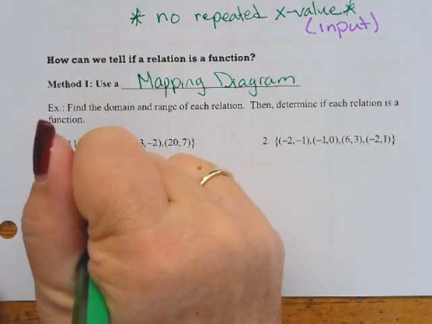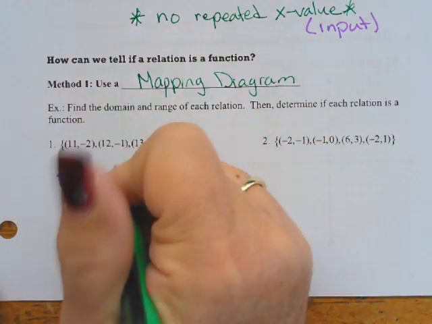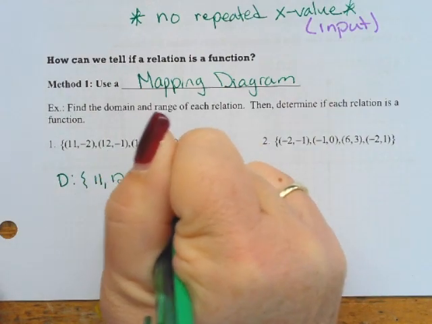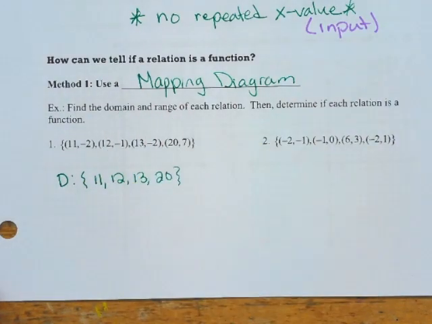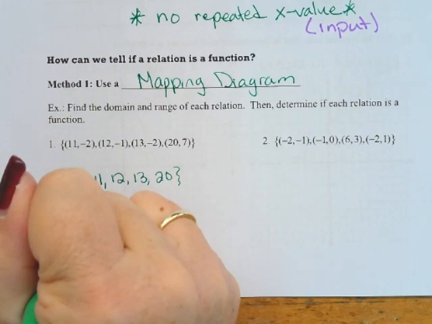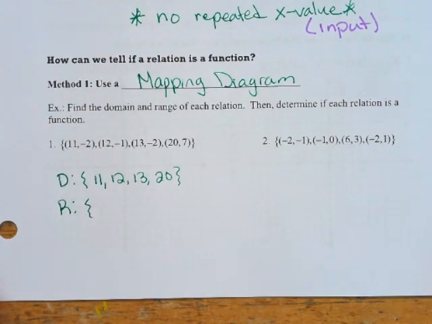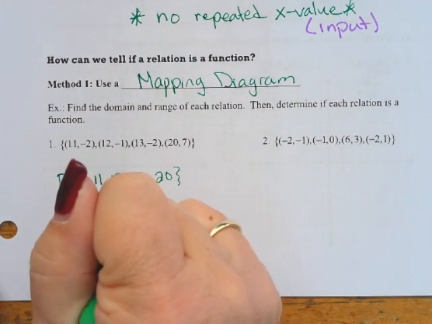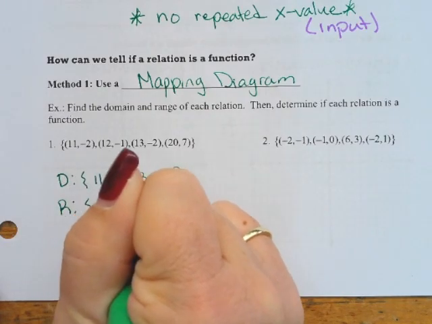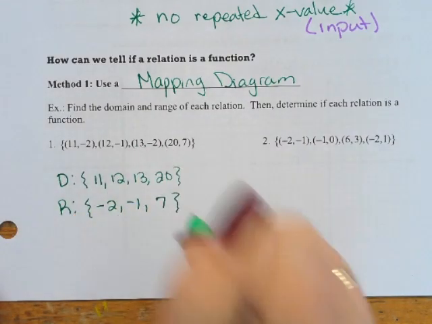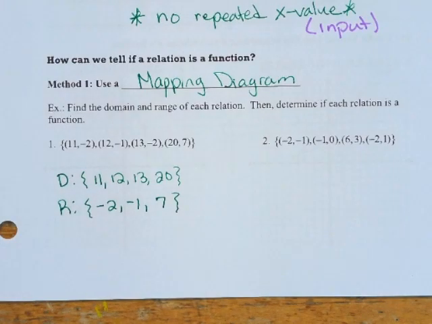Read them all off. 12, 13, 20. My range is all my what values? Y. Read them to me. -2, -1, -2, 7. Do I need to write -2 twice? No, I don't.